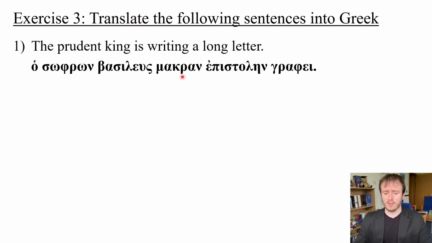Remember, 212 adjectives with stems ending in epsilon, iota, or rho use alpha instead of eta in the feminine singular forms. We said graphei because grapho is the verb to write, and so we add ei to graph, and that gives us graphei in the contracted form. So this says, the prudent king is writing a long letter.